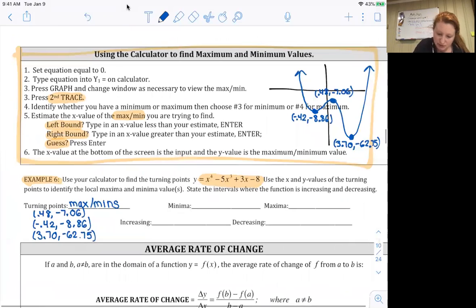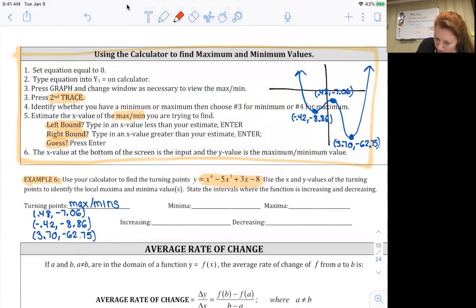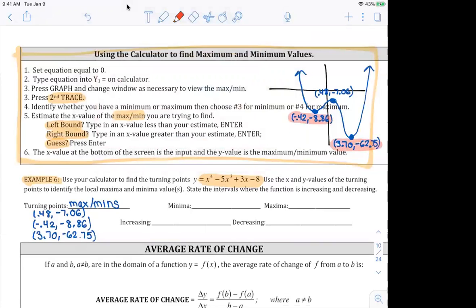The minimums, we have 2 minimums here. We have a low point here, and we have a low point here. So when they're asking for the actual minima, I'm going to write this in Y. Your minimum is going to be your Y values, okay?